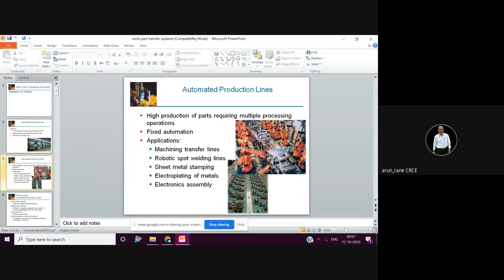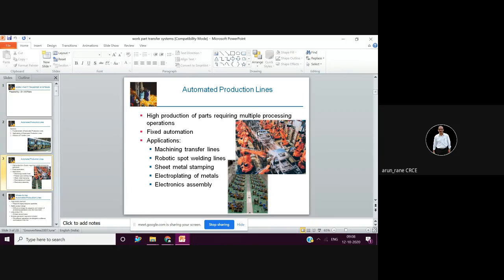Like now, this is an assembly line of automobiles. In automobiles, there are basically two ways of transferring the product. One is the overhead conveyor, also called J-type conveyors because J-type hangers are used, to which car bodies are attached.